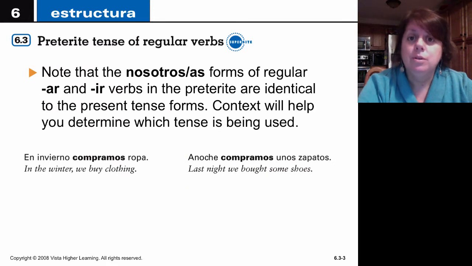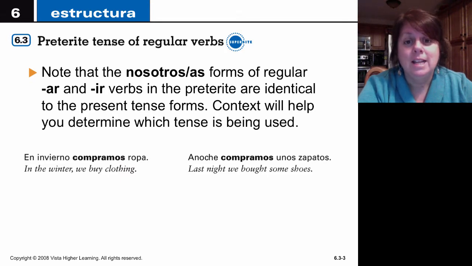Note that the nosotros or nosotras forms of AR and IR verbs in the preterite are identical to their counterparts in the present tense. So how will you know the difference, whether I'm speaking about the past or the present? Well, that is all done from context. So look at the two sentences that are on this slide. En invierno compramos ropa.